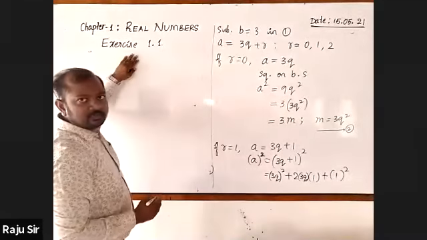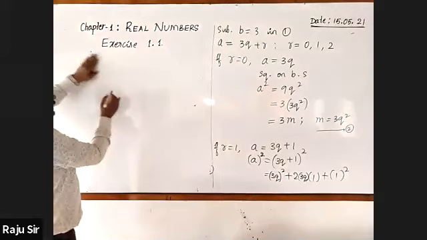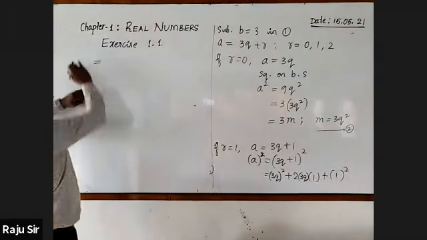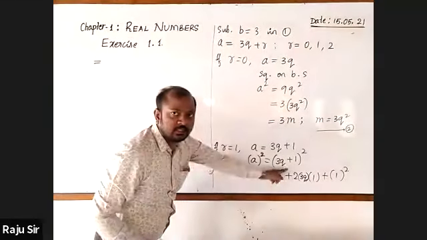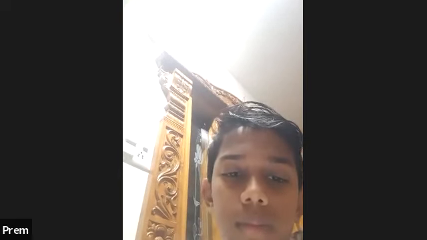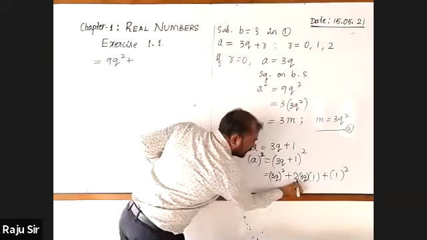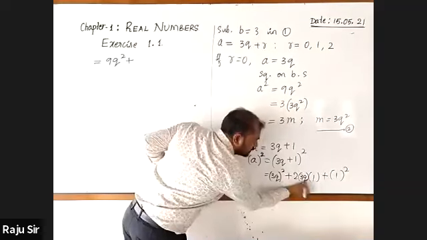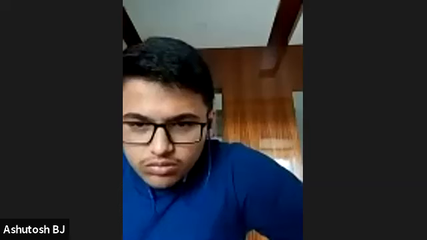That's a square equal to 3q whole square. Apply square to both: 3 square is 9, so 9q square, plus 2 threes are 6, 6 into 1 into q is 6q, plus 1.